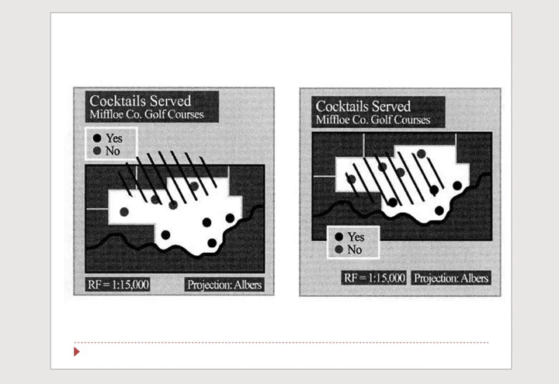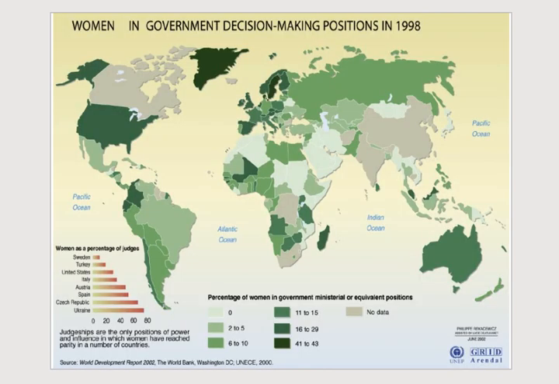So here in this example, we could see that the objects are placed more on the optical center. This is a map. Again, we have the map elements positioned very well. We have our title, Women in Government Decision-Making Positions in 1998.